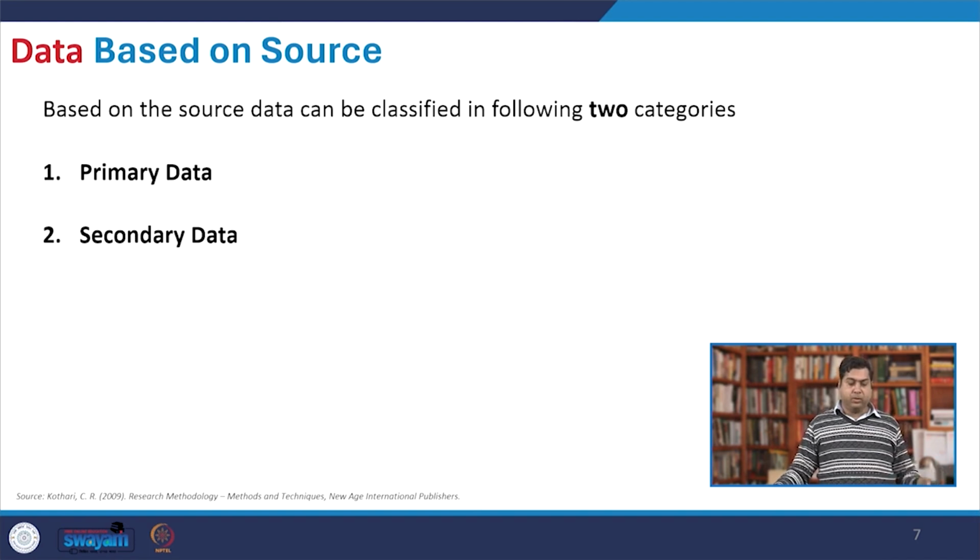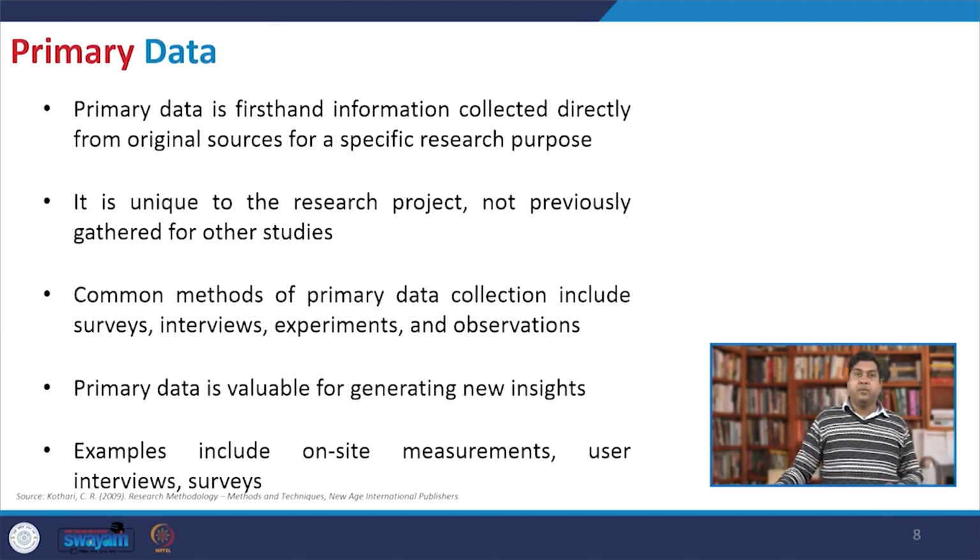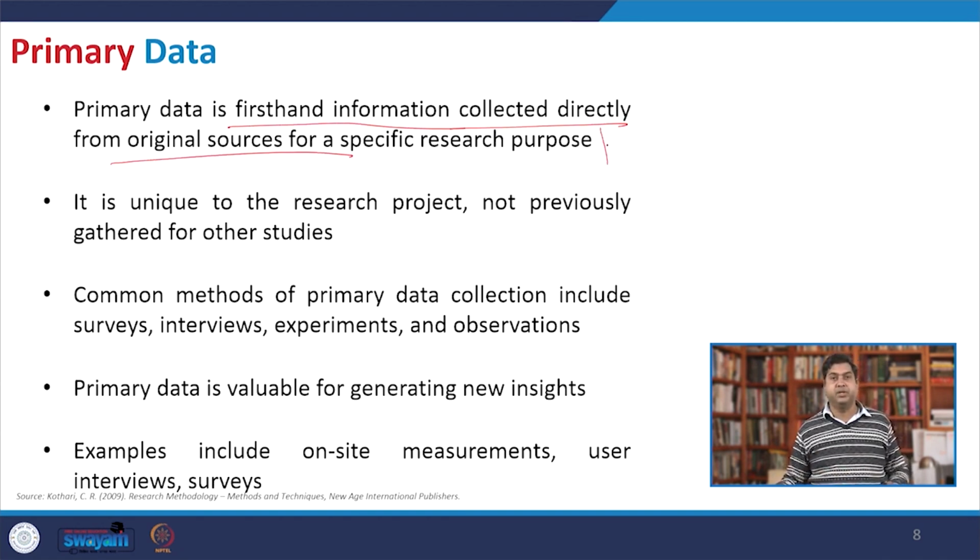Now depending on the source of data, this is another way of looking at the data. In this particular case, you have primary data and secondary data. So what exactly is it? Primary data is basically first-hand information collected directly by the researcher from original sources for a specific research purpose.